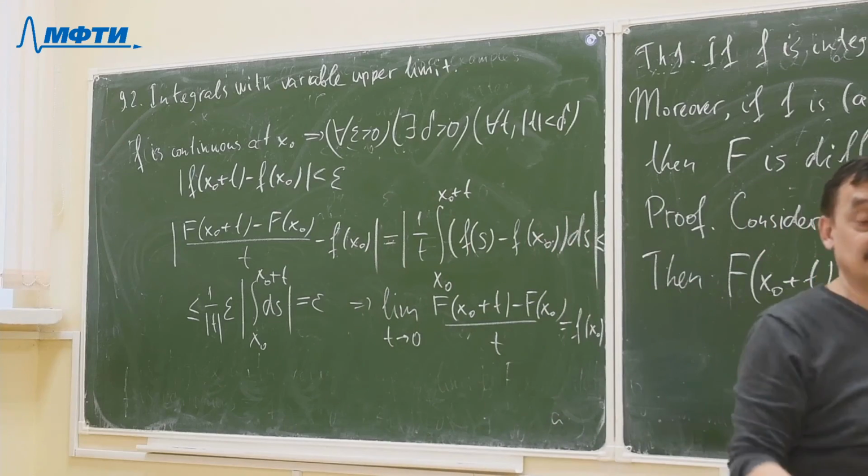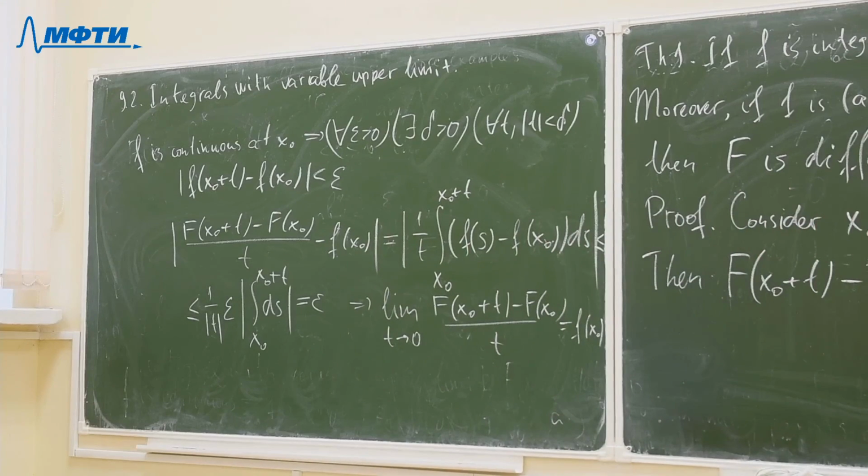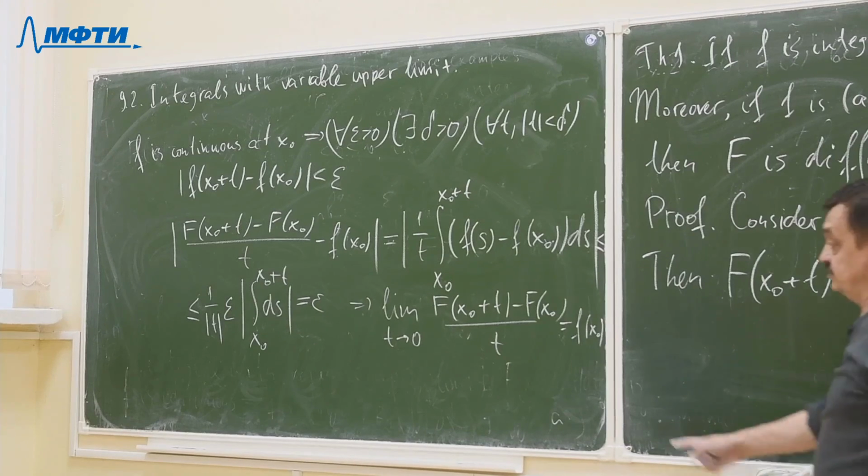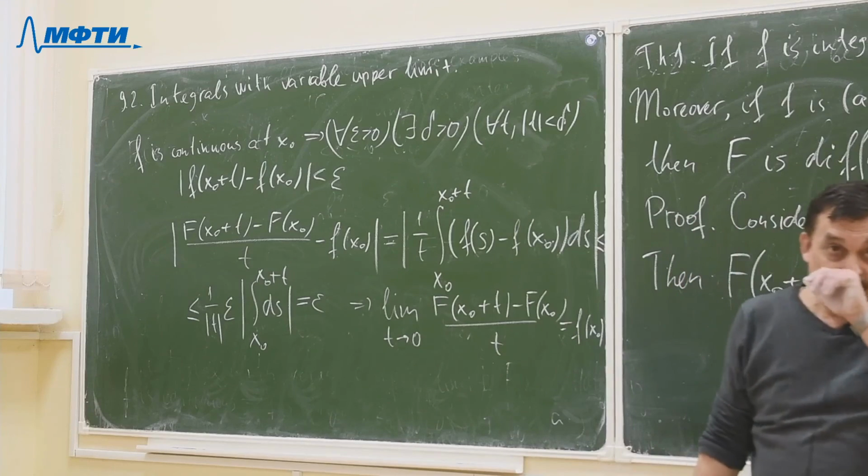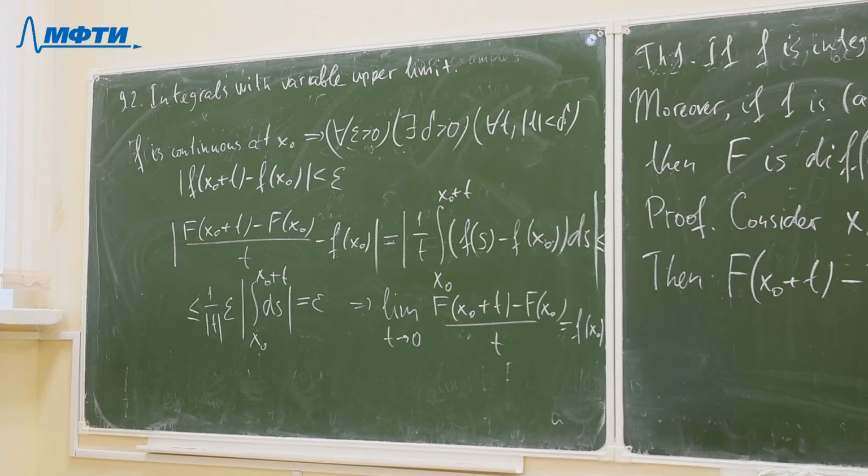It means the function capital F is differentiable and its derivative coincides with the function little f. So it means we have a nice way to find a primitive, right? So if the function is continuous on the whole interval AB, then you can find a primitive.